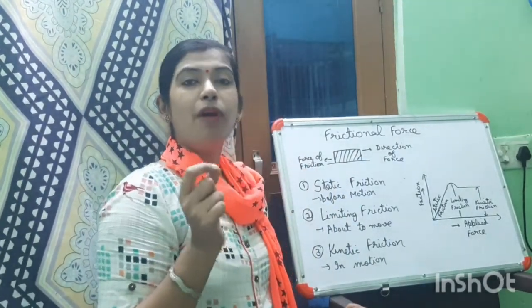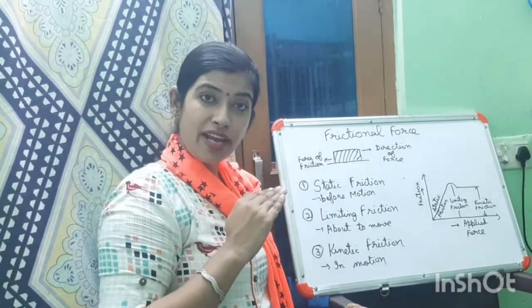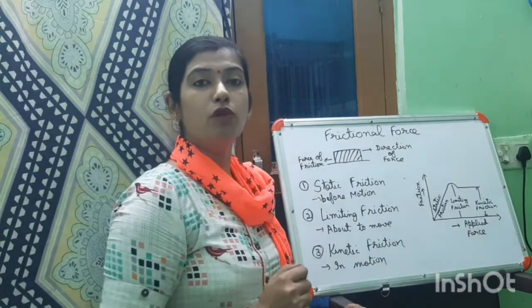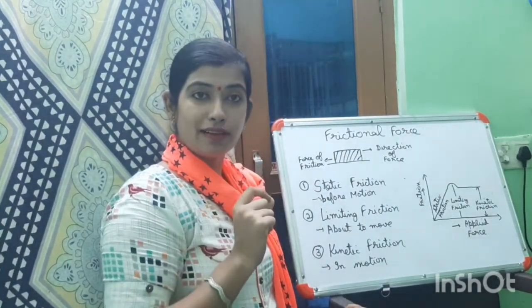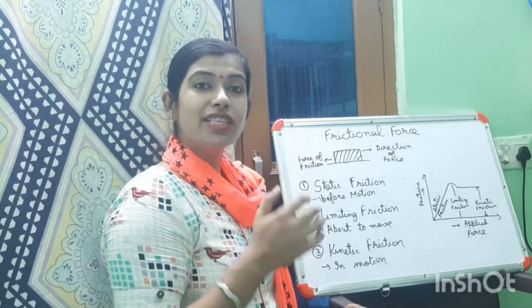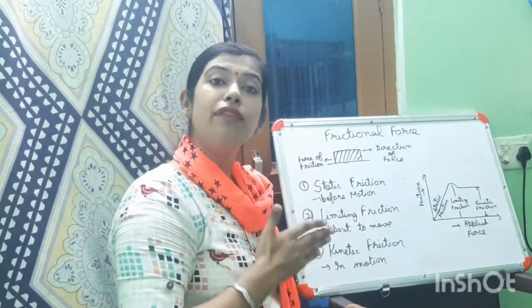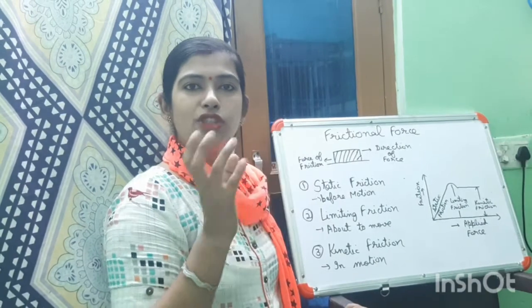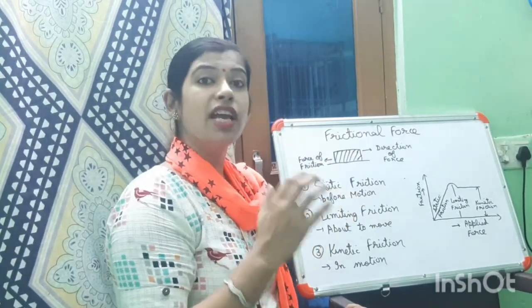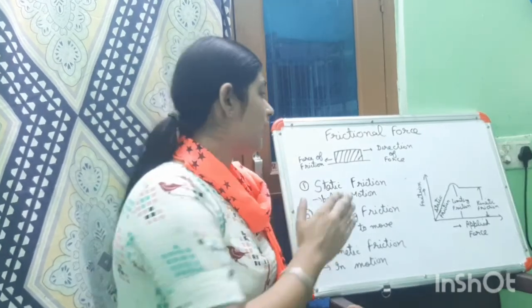Now talking about friction, whenever a block tries to move on a horizontal surface, we have three types of friction which are acting, or you can say these are not actually types, these are the phases of the frictional force which acts on the block.